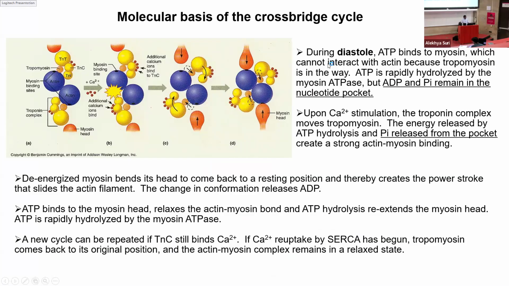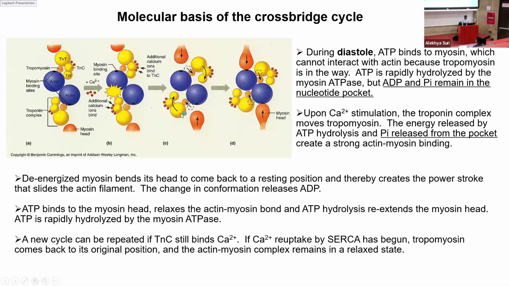Since the myosin is an ATPase, it immediately hydrolyzes the ATP, but the ADP and phosphate remain in the nucleotide pocket until the calcium stimulation occurs. Once the calcium stimulation occurs, the troponin complex, the troponin T, will move the tropomyosin, followed by the phosphate release from the pocket, and thereby the actomyosin interaction occurs.